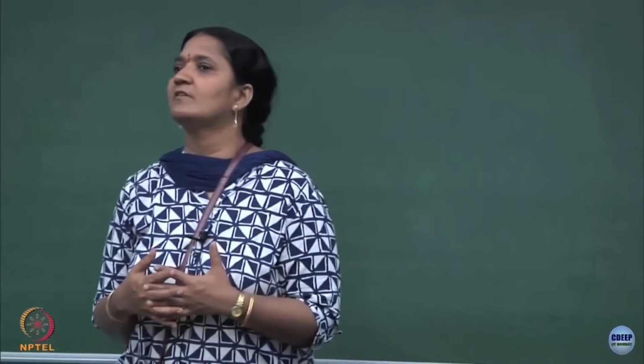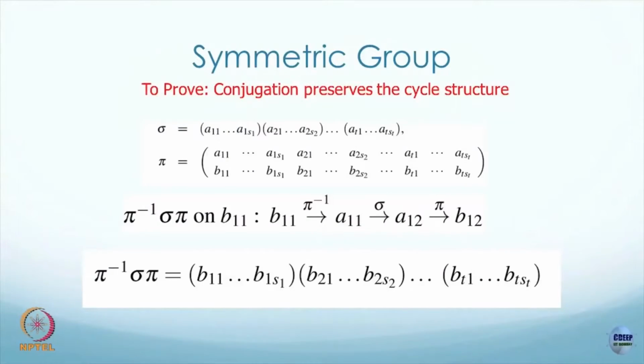It will go to a new element, but the cycle structure remains unaltered, right. So, we can write the element in the cycle structure. So, the aim is to prove conjugation preserves the cycle structure.